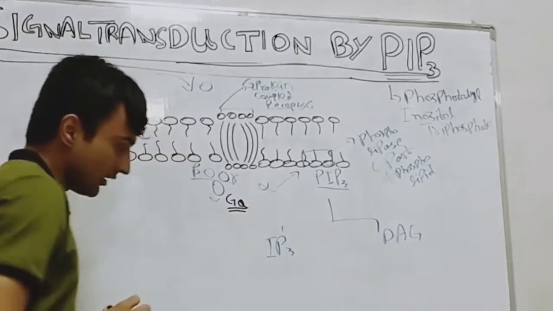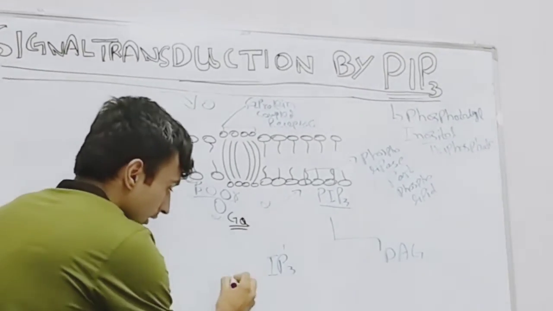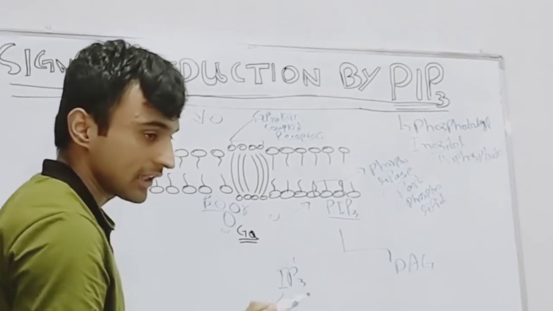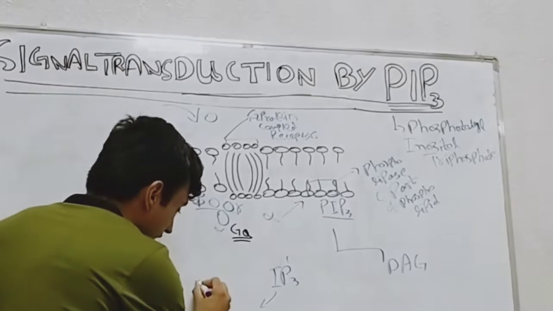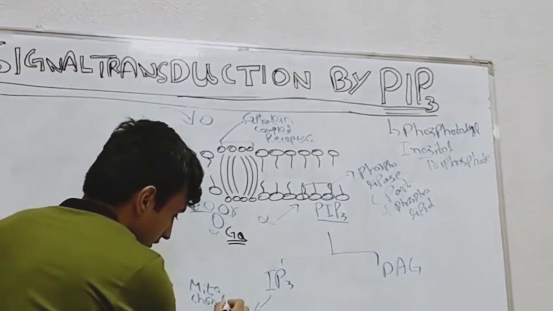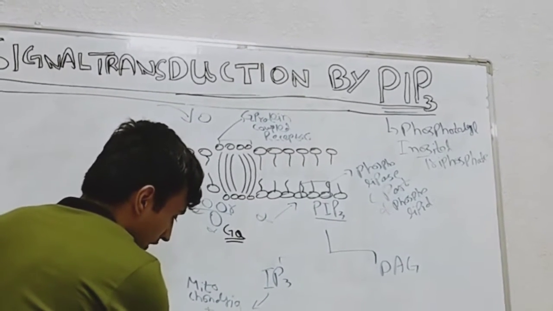What function does IP3 perform? It expels out the calcium from the mitochondria plus endoplasmic reticulum.